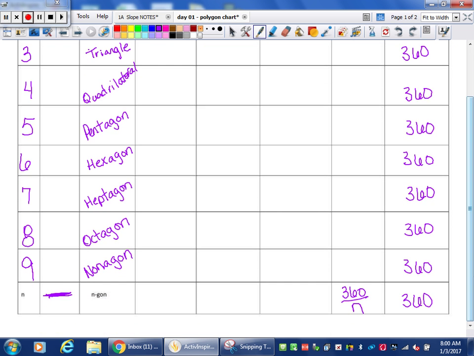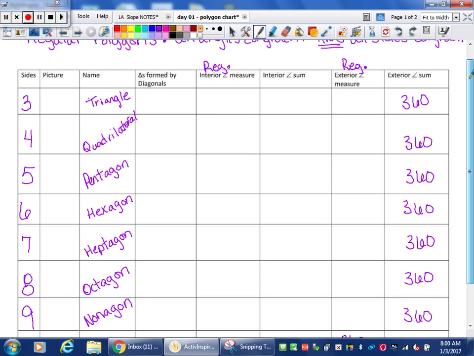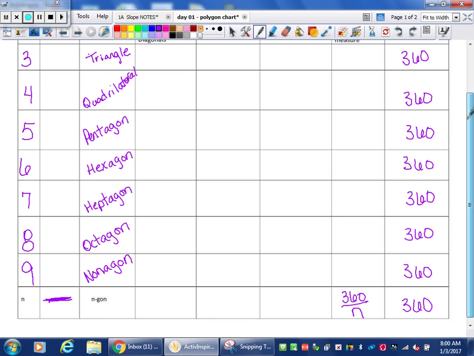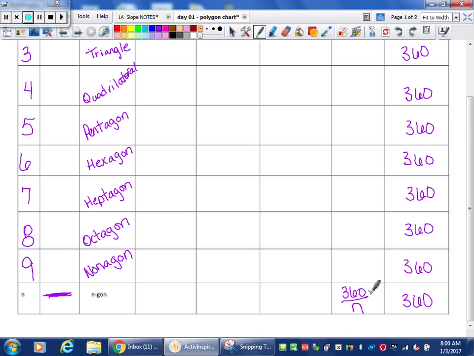Okay? Now, to get your formula for each exterior angle, remember, we're doing this in reference to the number of sides. So if I know that the sum of my exterior angles is always 360, I can get my exterior angle measure for one exterior angle, if it's a regular polygon, by just simply dividing that 360 by n, the number of sides.